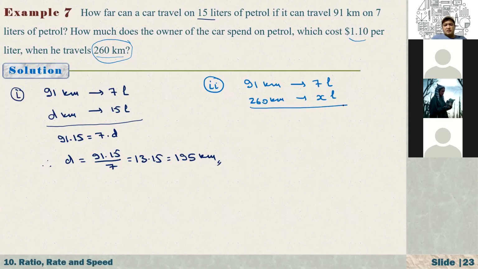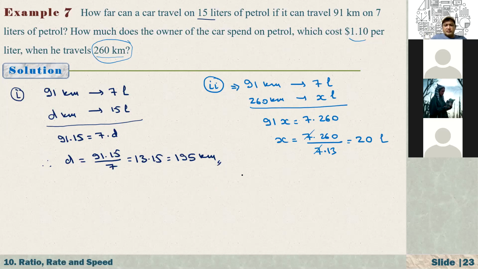Now, if you solve this again, cross multiply, 91x is equal to 7 times 260. Now from here, what is x? x equals 7 times 260 over 91. 91, I can write it as 7 times 13. The 7 is gone. 26 divided by 13 is 2. So here we have 20 liters. That is the first part, right?